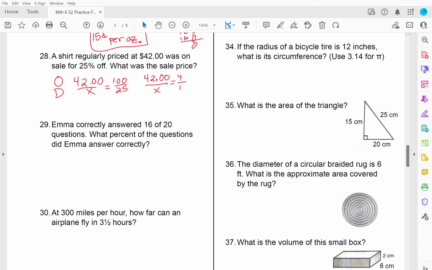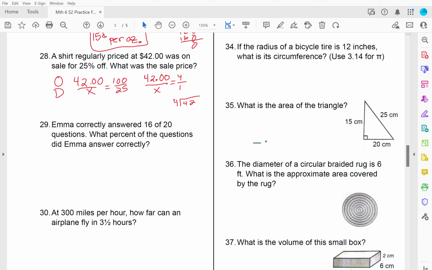I guess what we're looking for is how many times 4 goes into 42. And that's what we figure out for the X value. In other words, 4 times what is 42? Then we can multiply that by 1, so it's just that number.